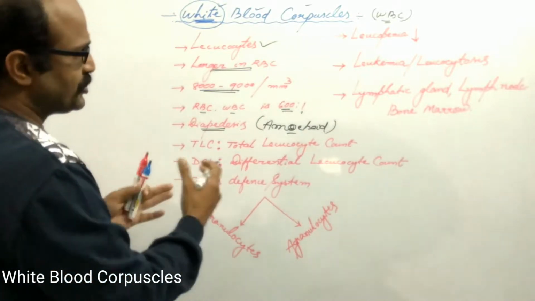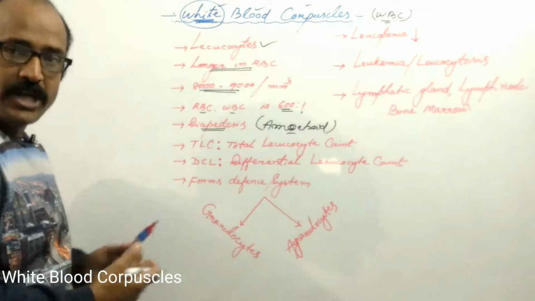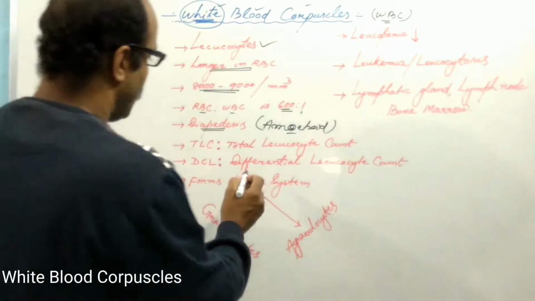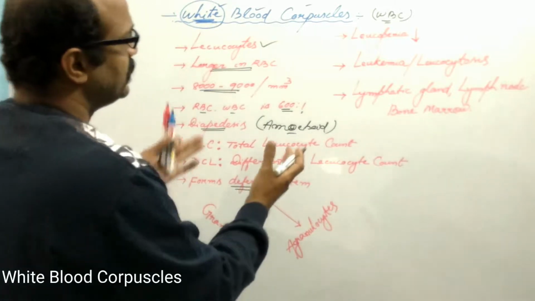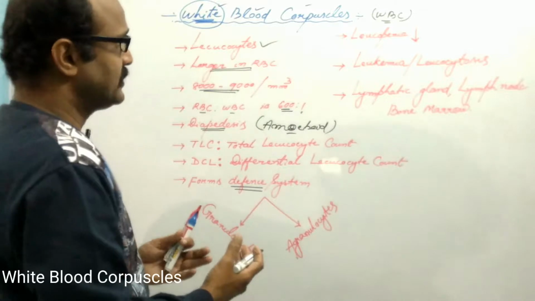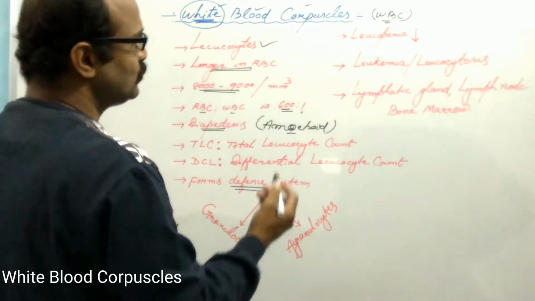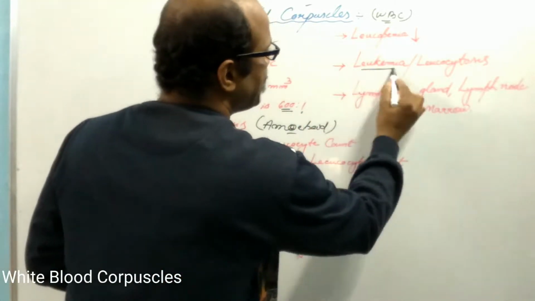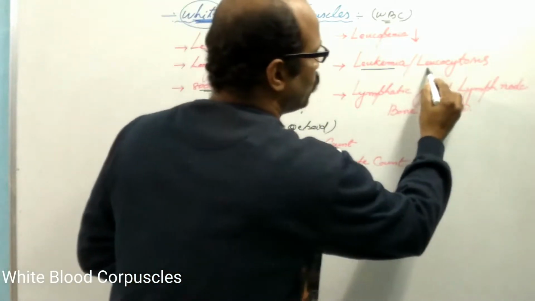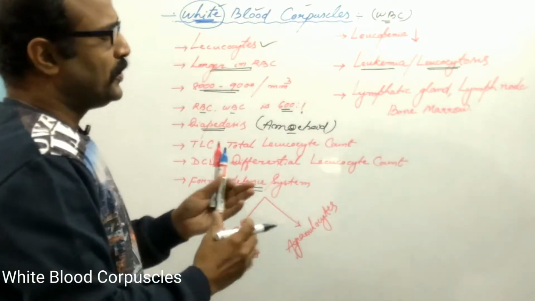And such leukocytes in our body form the defense system. The increasing of leukocytes, this condition is known as leukemia, or leukocytosis.